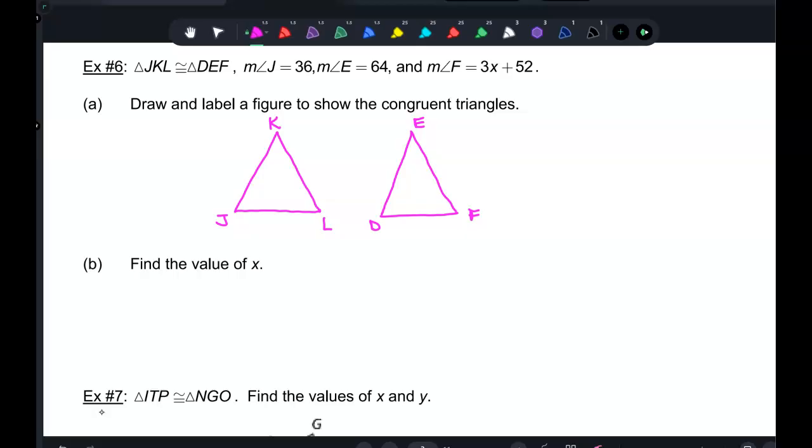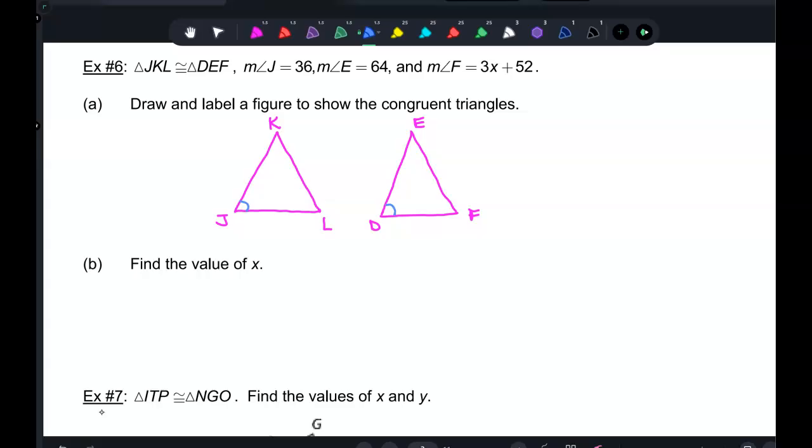Now I drew it, but I have to label. How do we show the labels to show the two triangles are congruent? So we're going to mark all the angles. So J, for example, is going to be congruent to D. So I'm going to put one arc for J and for D.